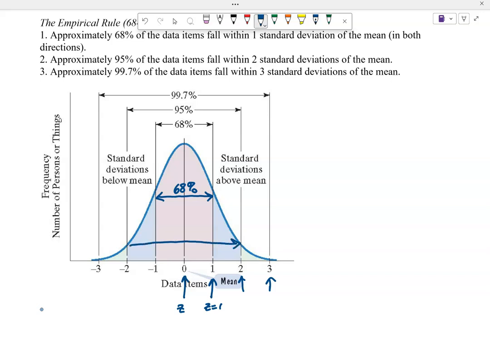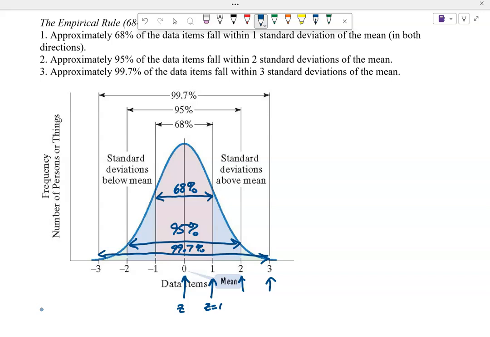95% of the students are within 2 standard deviations of the mean. All but 5% will be within 2 standard deviations. And finally, almost everybody, but not quite, 99.7% of the students will be within 3 standard deviations above or below the mean, right?